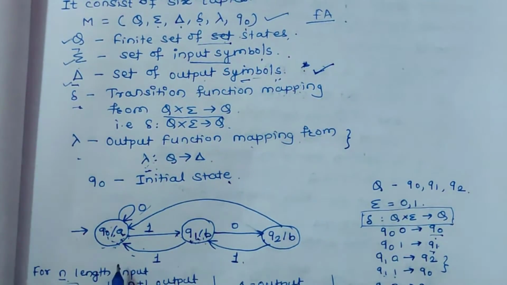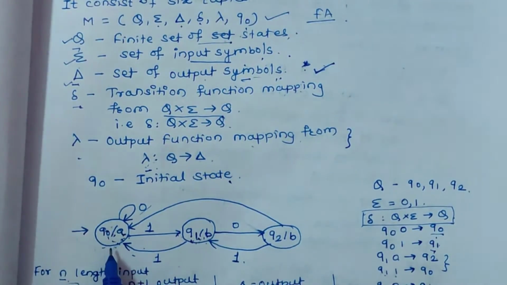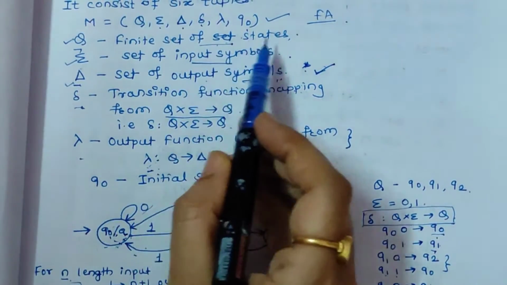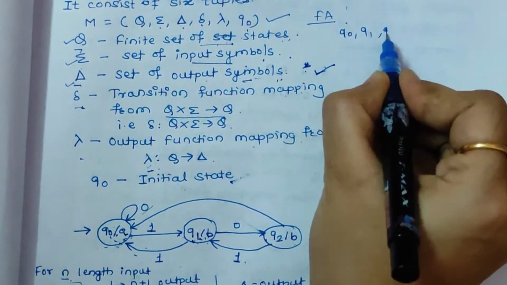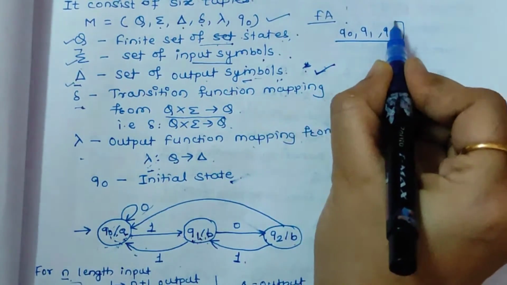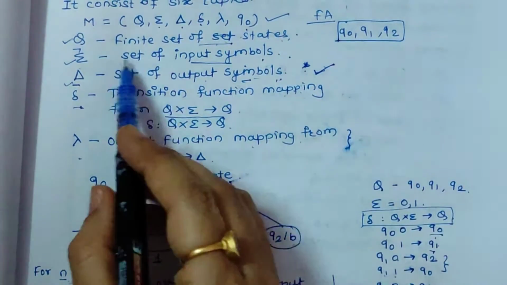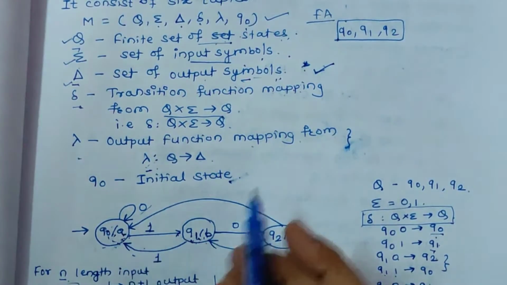This is a Moore machine given here. Here you can see states are q0, q1 and q2. So we can say this Q here is q0, q1 and q2. That is, there are three states involved in this Moore machine. Then sigma is the input symbol. So you can see the inputs given here are 0 and 1.